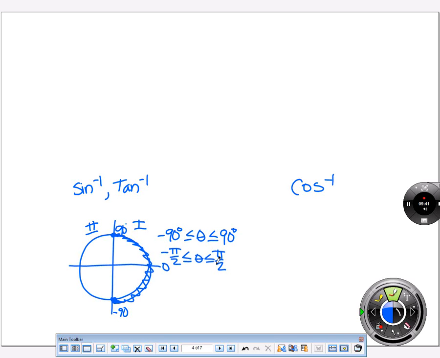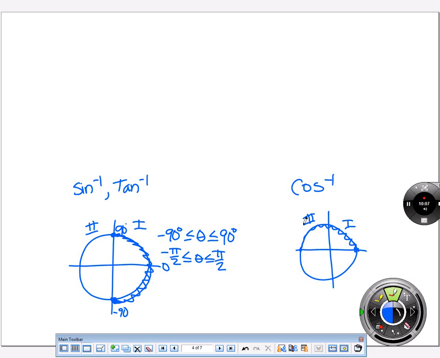So the reason cosine is a little bit different is because cosine is for the x-coordinate. Do quadrant 1 and quadrant 2 have the same x-coordinate? No, almost, right? But there's positives and there's negatives. So when we look at the cosine, we actually use answers between quadrant 1 and quadrant 2.